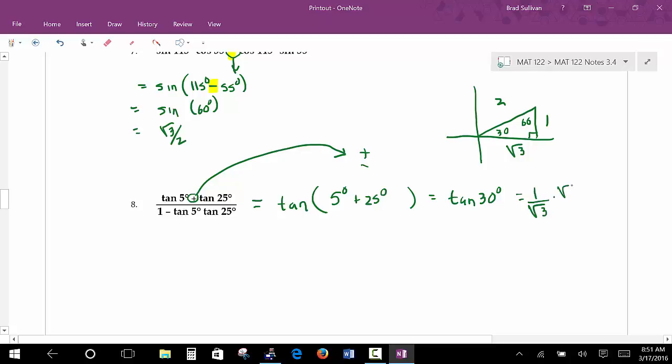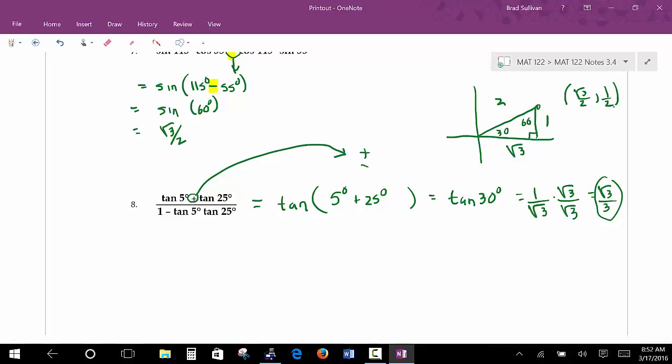And then if you rationalize that denominator, which you could do in your head, you guys have done that enough by now, okay, that's your answer. Now you could also go to the unit circle. If you did go to that point on the unit circle, you would have the point square root of 3 over 2 and 1/2, and if you did y over x, you'd get the same thing. Okay, it works out the same way, so it's up to you.